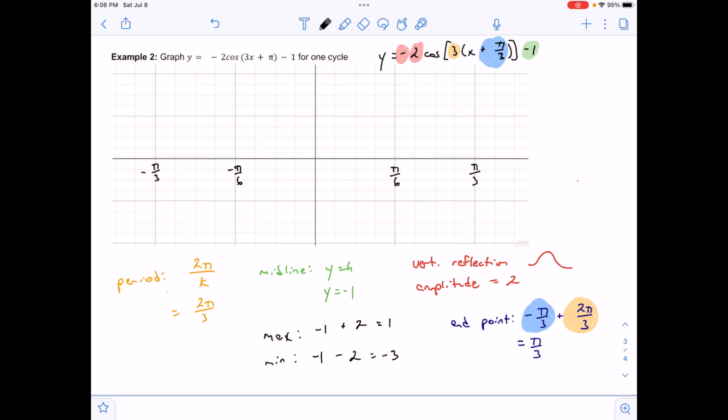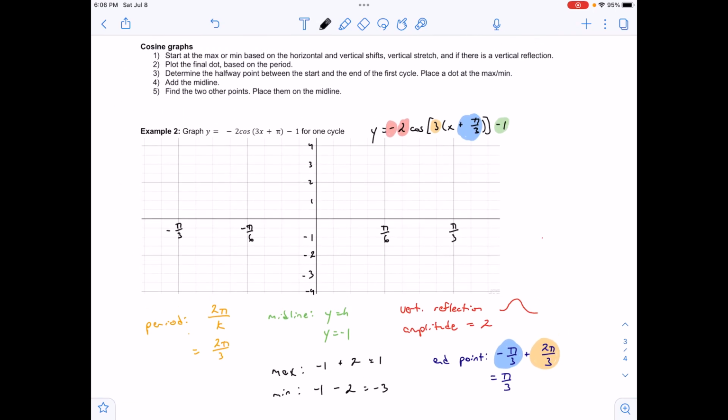Vertically, I only need to go as high as 1, but I do need to go as far down as -3. So I'm going to be counting by halves here to fill in my axes. Let's graph. I think we've figured out all the information.